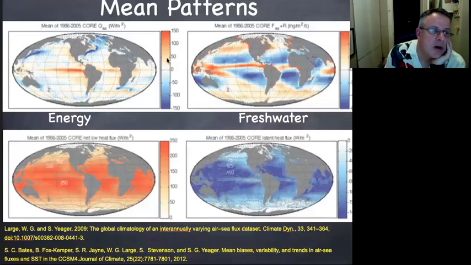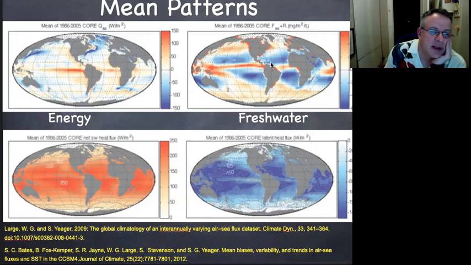In map form, this is what they look like. Here's the air-sea flux, the net, here's the shortwave, here's the latent heat flux, and here is the precipitation and river runoff as well. So freshwater and energy. These are what the maps look like.